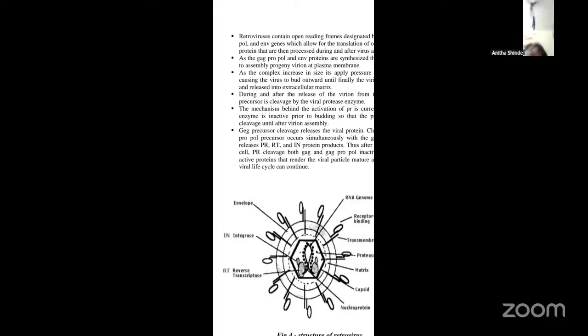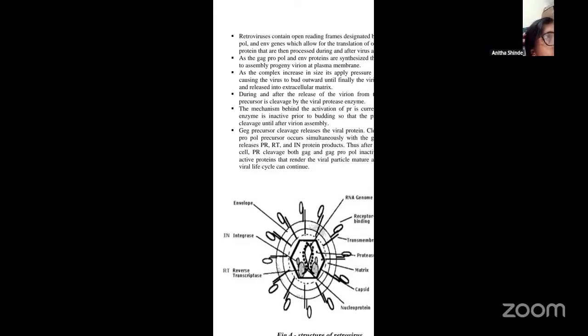So when you talk about viral genes, you should know about the life cycle of the retrovirus, because retroviruses, that is RNA viruses, are more dangerous. The AIDS virus is an RNA virus.